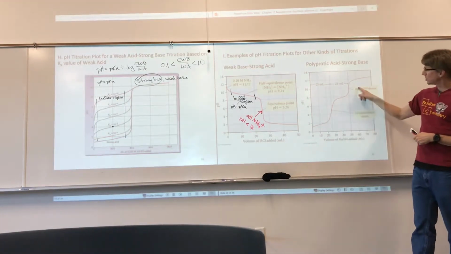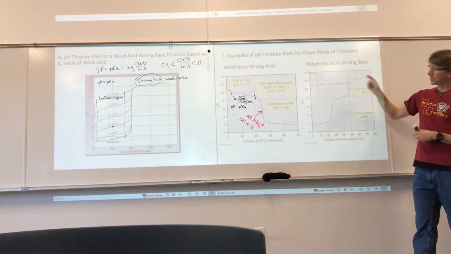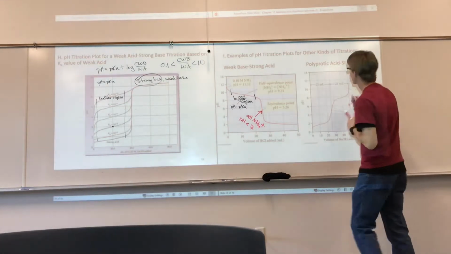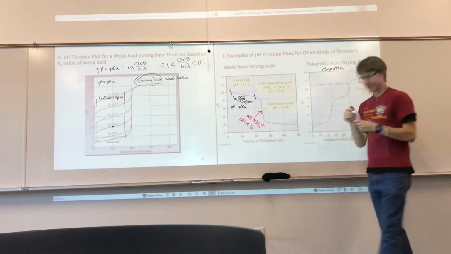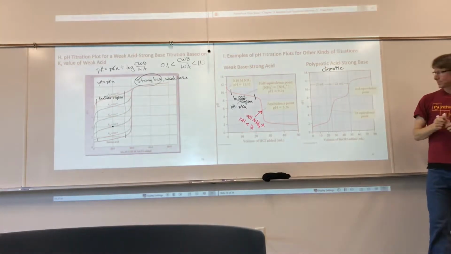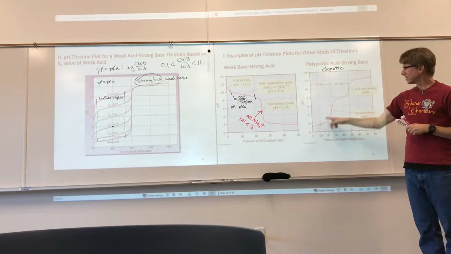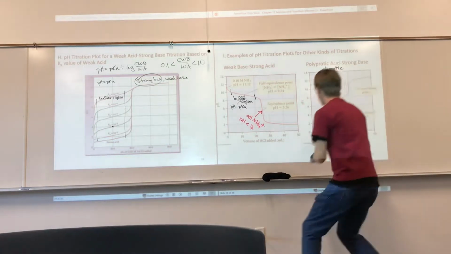Those are going to have 2 equivalence points if it's a diprotic, and 2 buffer regions.